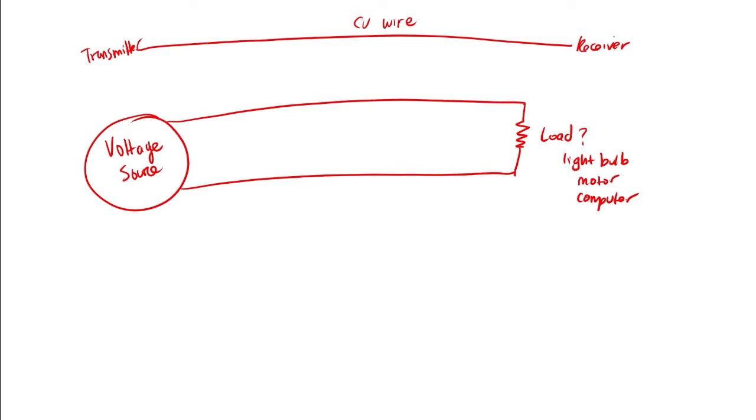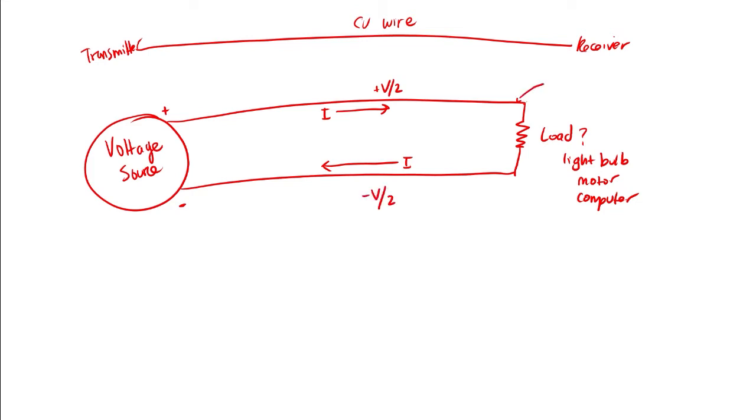So we have electric current known as I, and it's flowing down our wires. And this is positive and this is negative. So the voltage up here is half positive and half negative.